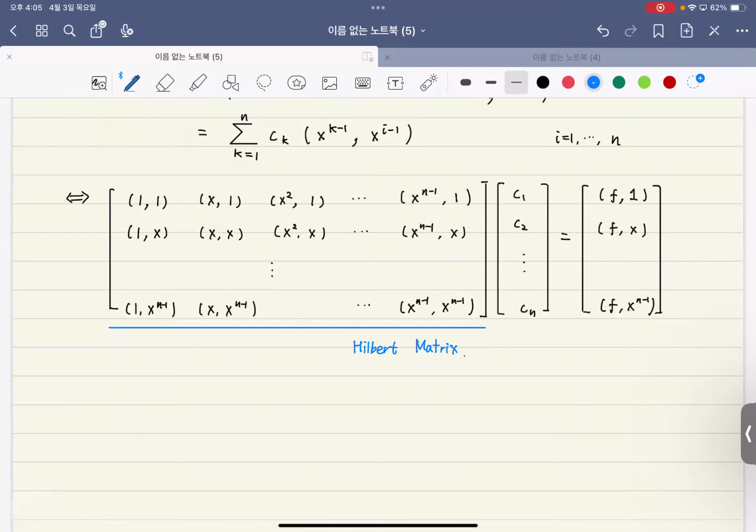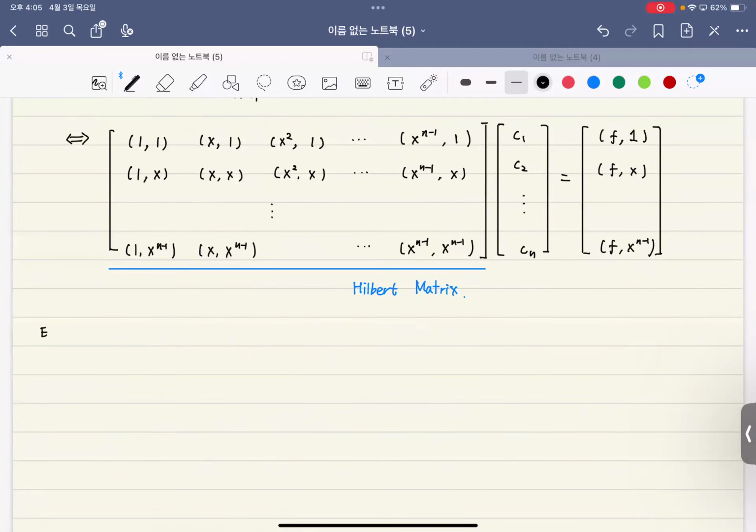So I have an interesting example that I found in our textbook. The exercise goes like this. I have a vector space H, which is the space of all continuous functions on 0 to 1, not minus 1 to plus 1.